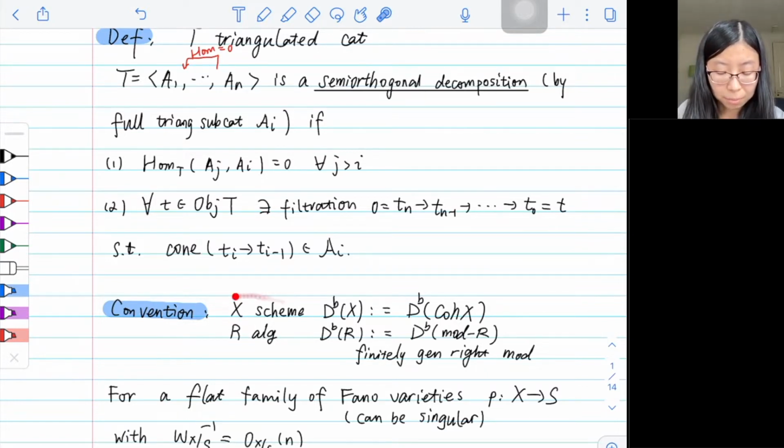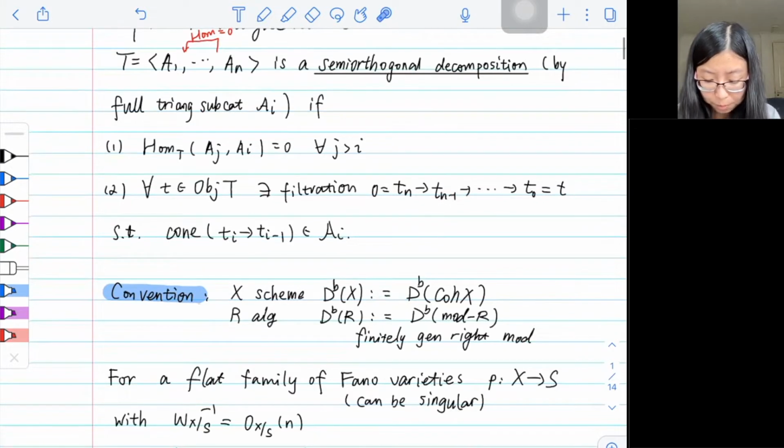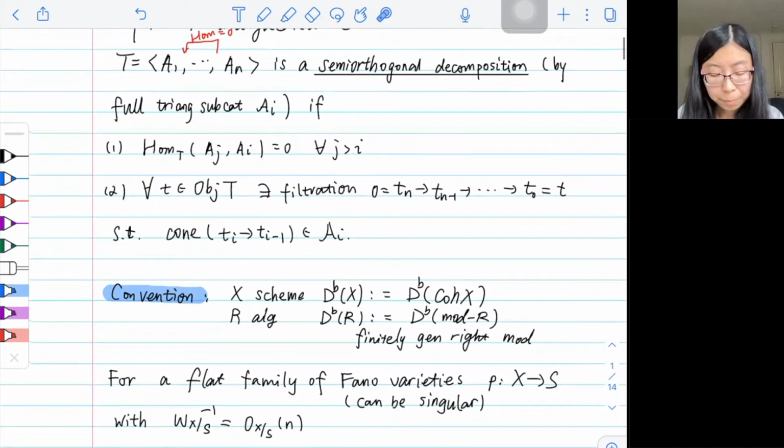When you have a scheme X, I will use the notation D^b(X) to represent the bounded derived category of coherent sheaves on X. The objects are just bounded complexes of coherent sheaves on X, and two complexes are isomorphic if their cohomologies are the same. That's called a quasi-isomorphism.